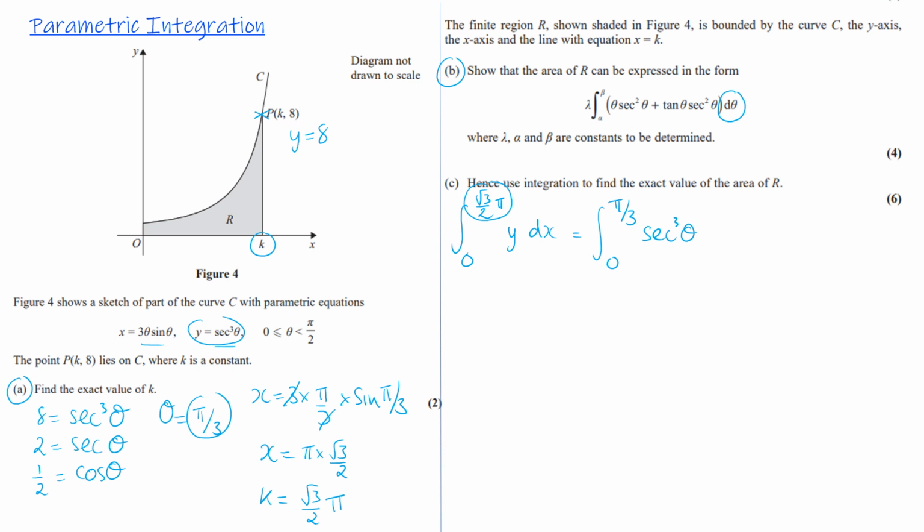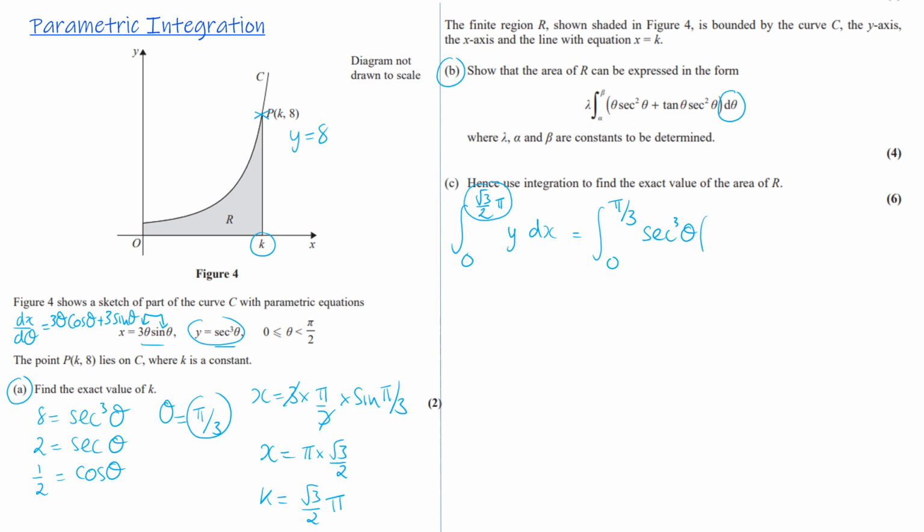So we go over here, dx by d theta, I can see I've got a product and I'm going to have to use the product rule. So it's going to be first differential of second, which is cos theta, plus second differential of first, which will be 3 sine theta.